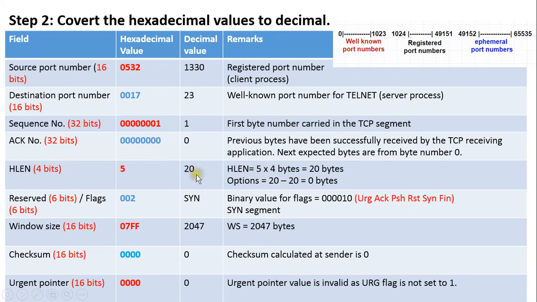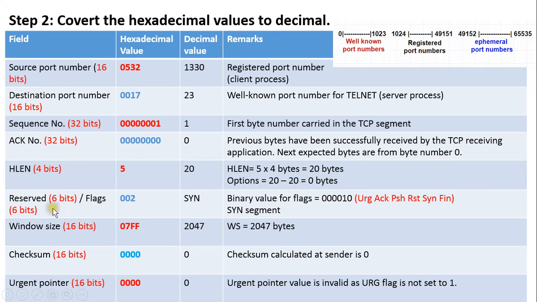So here instead of 20, the decimal value should be 5 over here. By mistake it is 20, but the decimal value is 5, and 5 multiplied by 4 bytes is 20 bytes. So total header length over here is 20 bytes. The options carried in the TCP header are the total header length of 20 bytes minus the fixed header of 20 bytes, which is equal to 0 bytes.